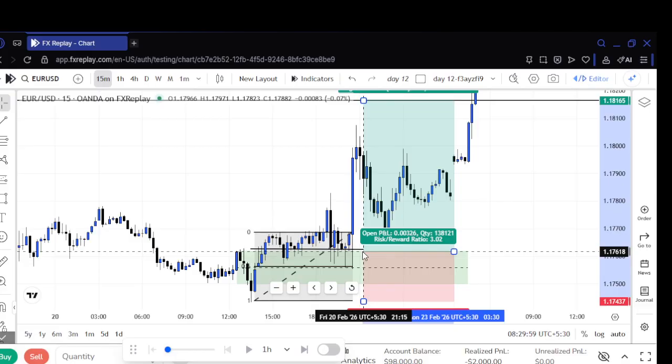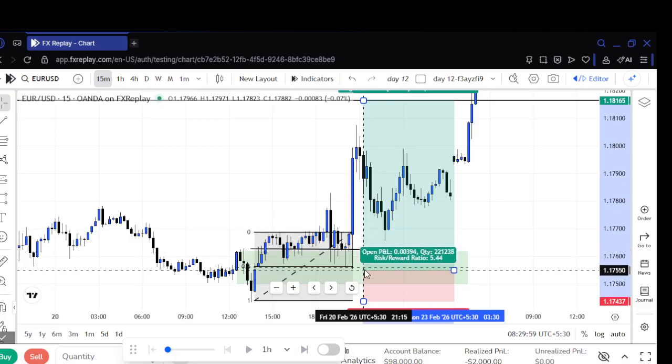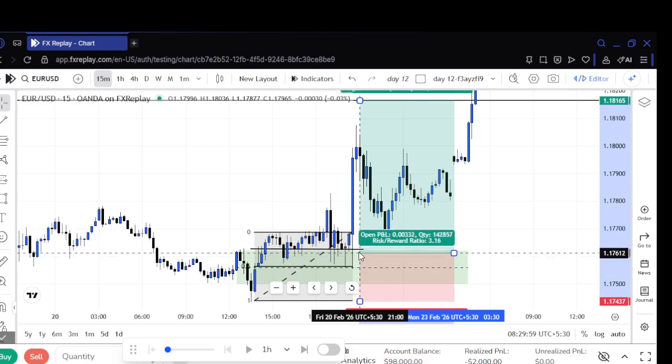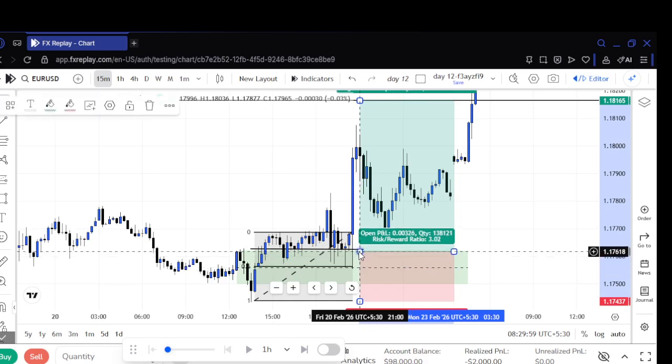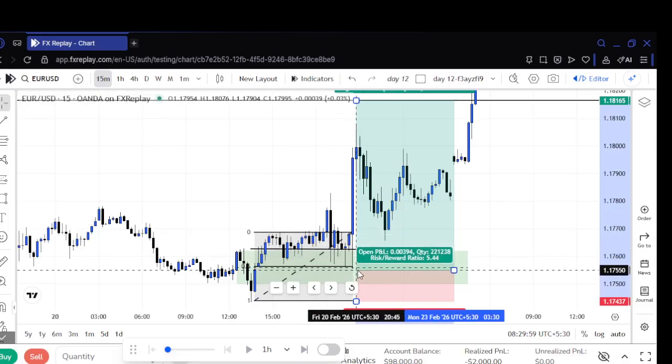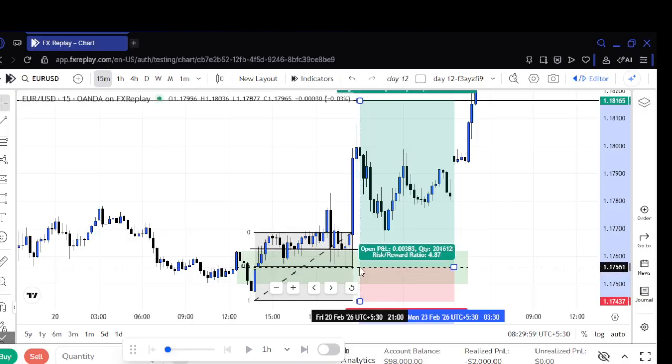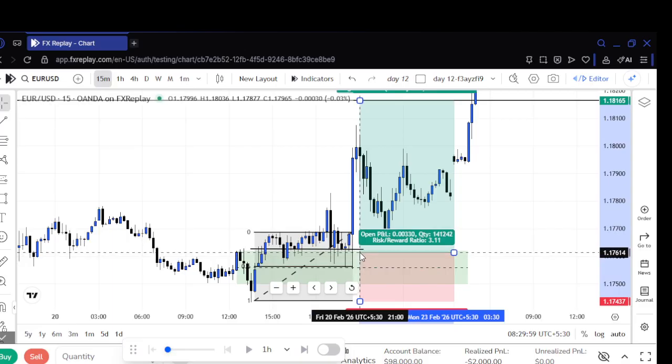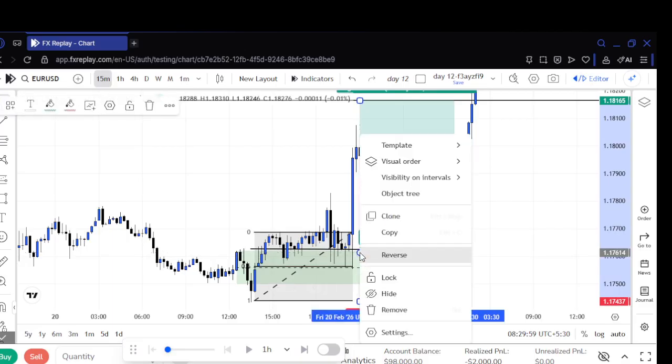After getting a change of character, we can be entering here, and it would be a good 1:3, which is not that bad. Instead of waiting for a fib here, we can be entering here. If we enter here, we get 5% risk, here 4%, here 3%. I think this is better.